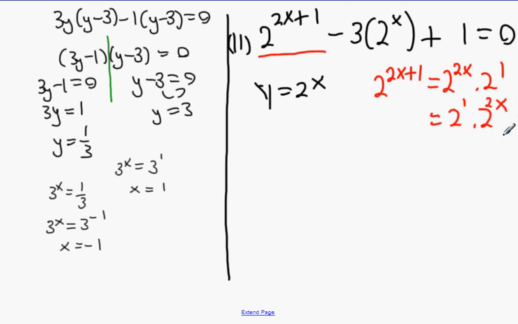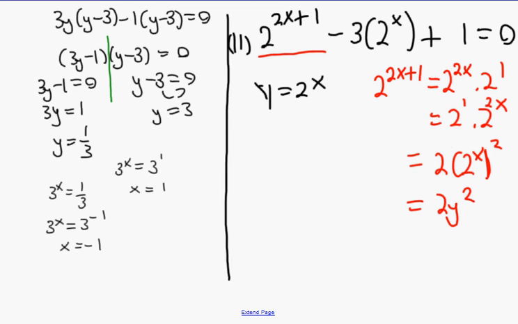Now that we have that done, what can we change 2 to the 2x into? Sorry, not y yet, because y is not 2 to 2x, it's 2 to the x. So we have to change it to 2 to the x squared. And that will give us 2y squared.